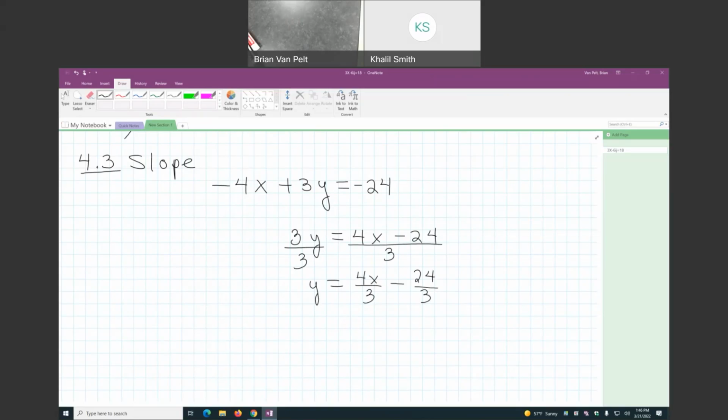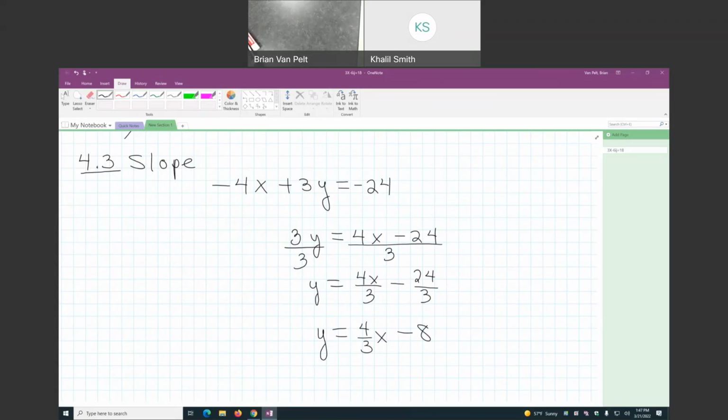You don't usually do it this way, but you're certainly allowed. One last step, clean up everything. This is a phenomenal form to have this line in.